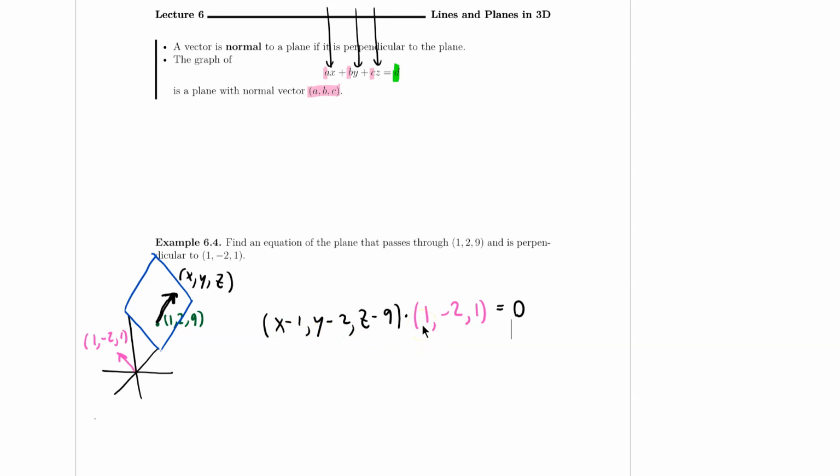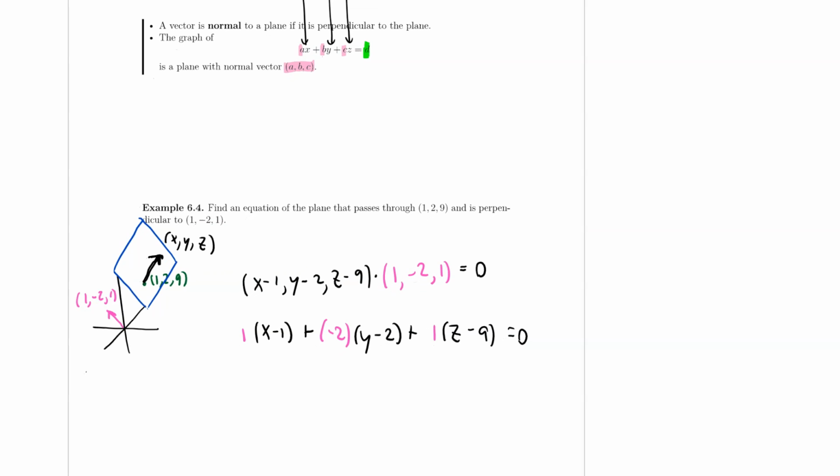So this is going to be 1 times x minus 1, plus negative 2 times y minus 2, plus 1 times z minus 9. This has to equal 0.